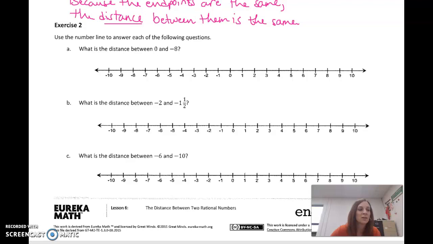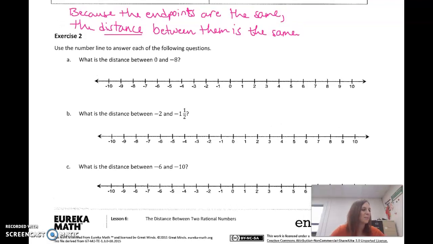So let's get into some examples here. Let's do these, and then I'm going to come back and show you maybe a different way to do them. Just real quick, what is the distance from 0 to -8?